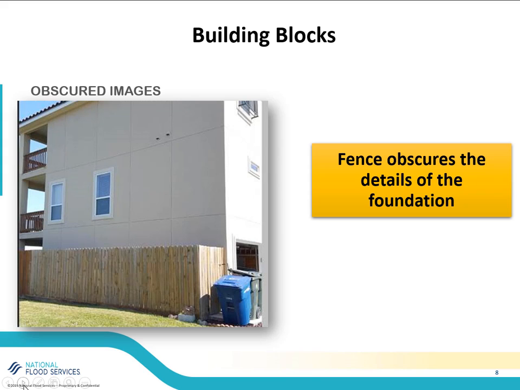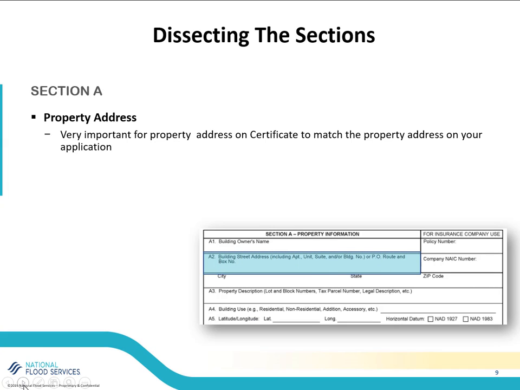That will include foundation, the number of floors, and the multiple sides of the structure. The photo on our screen is not an acceptable photograph because the fence is obscuring the foundation, which means that the underwriter is not able to verify the foundational details.